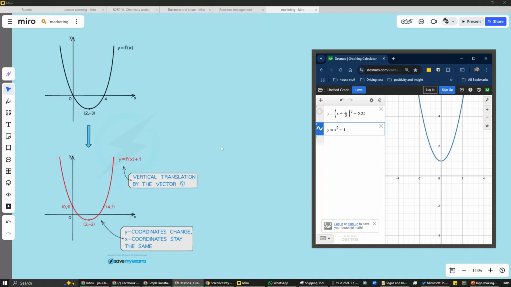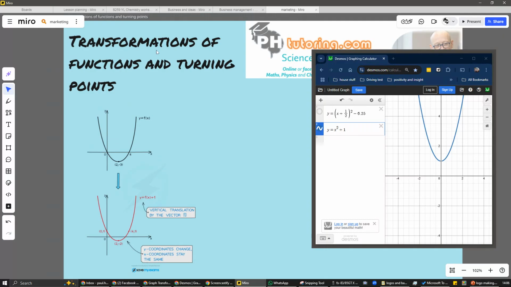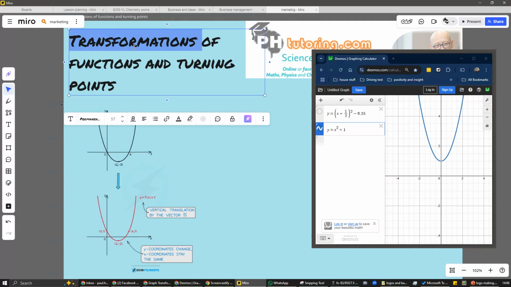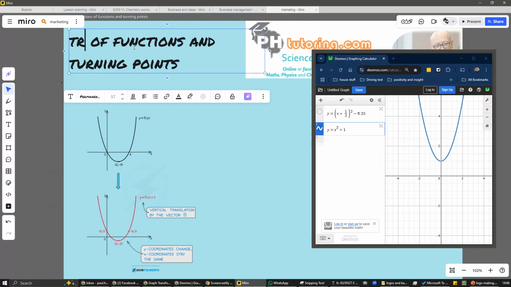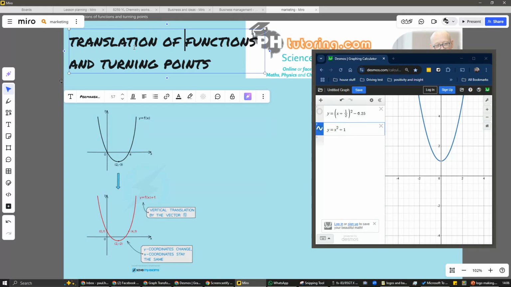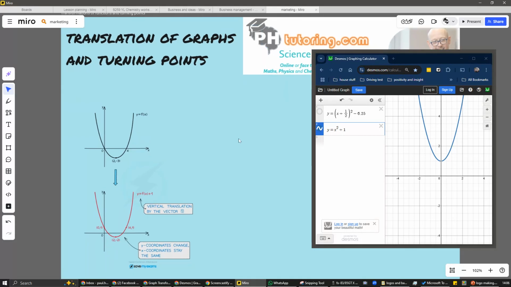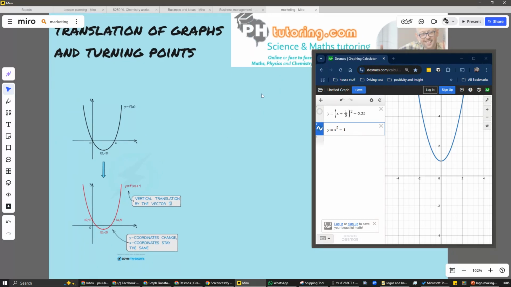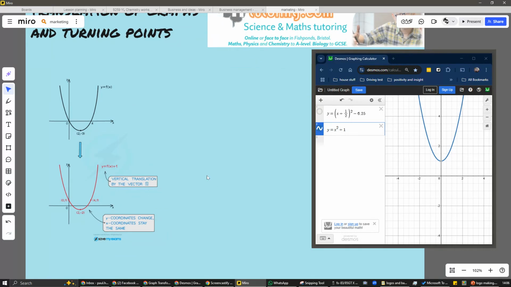This is not just transformations of functions, it's specifically a type of transformation which is a translation of graphs. Often it's called translation or transformations of functions, but it always means of graphs, really. So how do I move it up and down? By adding something or taking away something at the end.